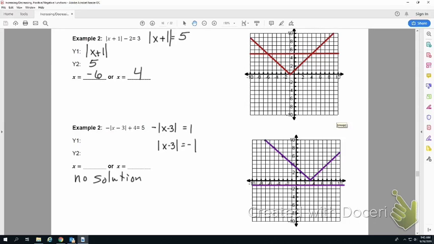You could graph this side of the equation and then 5, and you would still get the same answer. You could graph this and then 1, and you would get the same answer. So if I was to do that, let me get a different color here. We'll go green. If I was to graph that one, so it's negative x plus 3.